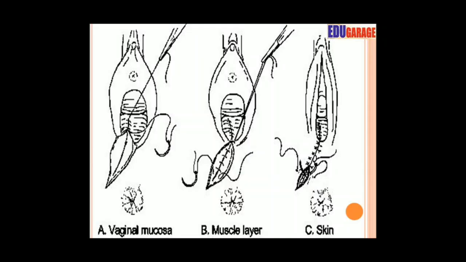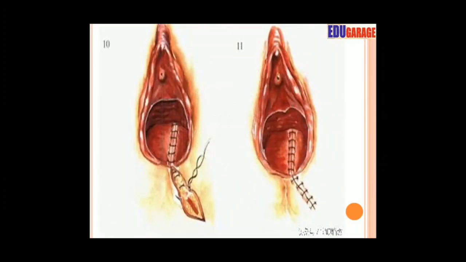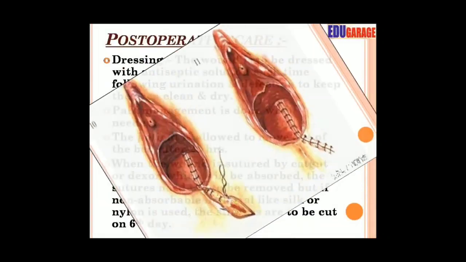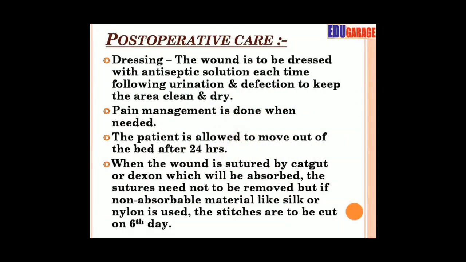This is how you do the suturing: vaginal mucosa first, then the muscle layer, then the skin. These sutures will be absorbed on their own, with no need to remove them; it will take nearly 2 weeks. What are the aftercare steps?